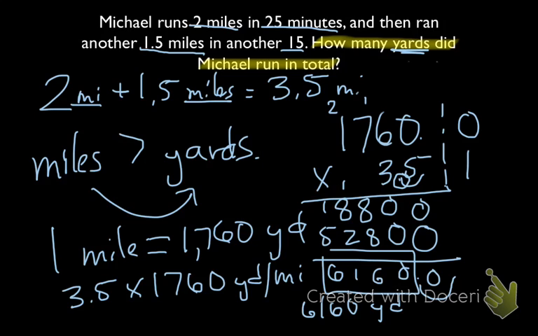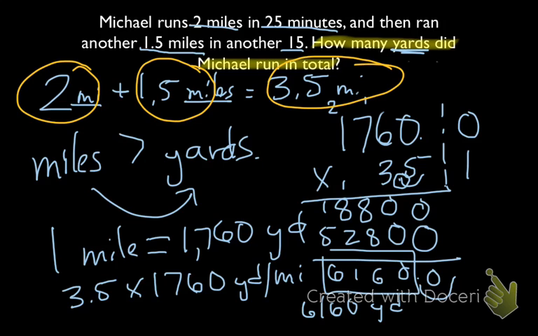So how many yards did Michael run in total? He ran 6,160 yards, if he ran 2 miles first, and then an additional 1.5 miles to make a total of 3.5 miles.